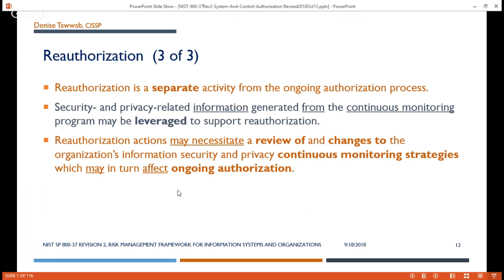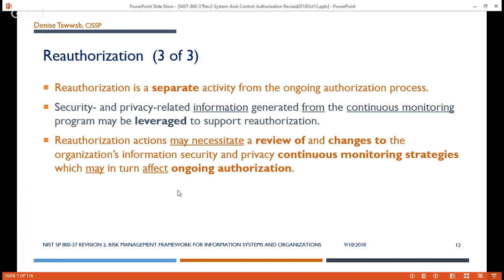Reauthorization is a separate activity from the ongoing authorization process. Because if you're doing automated monitoring of your system and continuous monitoring, you're looking at the security and privacy posture of that system on an ongoing basis all the time. Reauthorization then happens if there's some event that escalates that security or privacy risk. And you're not going to stop your ongoing authorizations while you undertake a reauthorization action.